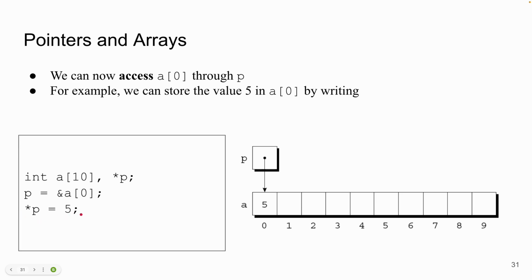This statement is the same as assigning 5 directly to A[0], but in this case I use P to access A[0] instead of the index itself.